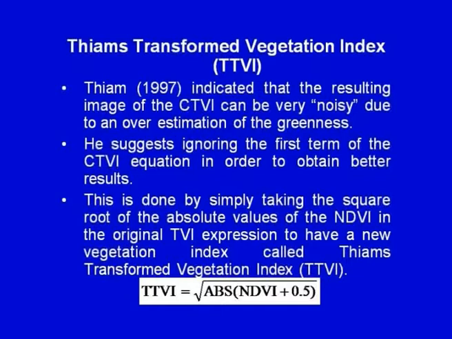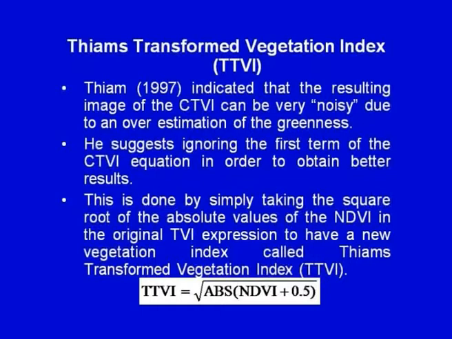He suggested ignoring the first term of the CTVI equation in order to obtain better results. This is done by simply taking the square root of the absolute value of NDVI in the original TVI expression to give a new vegetation index called Thiam's transformed vegetation index, or TTVI.